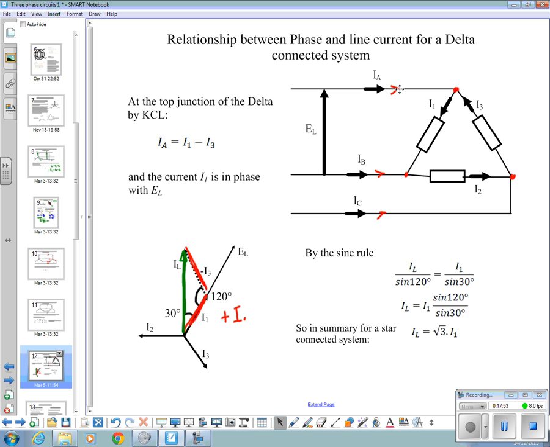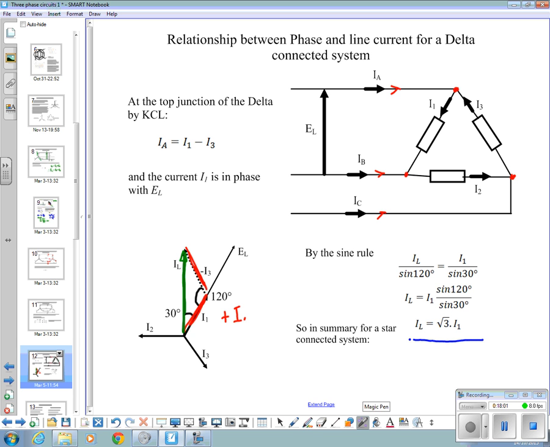Rearrange that to get IL is equal to I1 times sine 120 over sine 30. IL is equal to root 3 times I1. So the line current is root 3 times the phase current in a delta connected system.